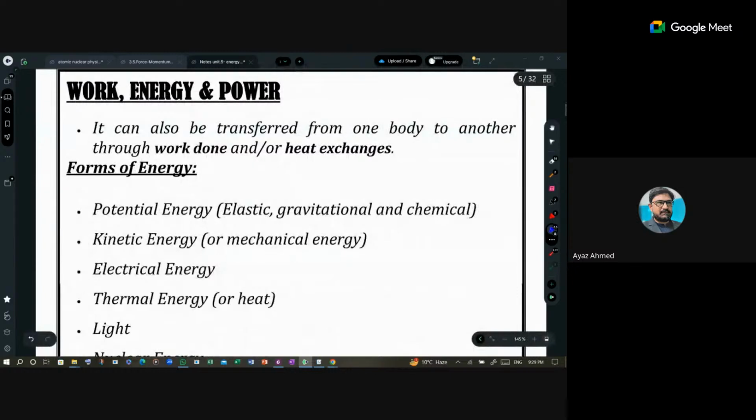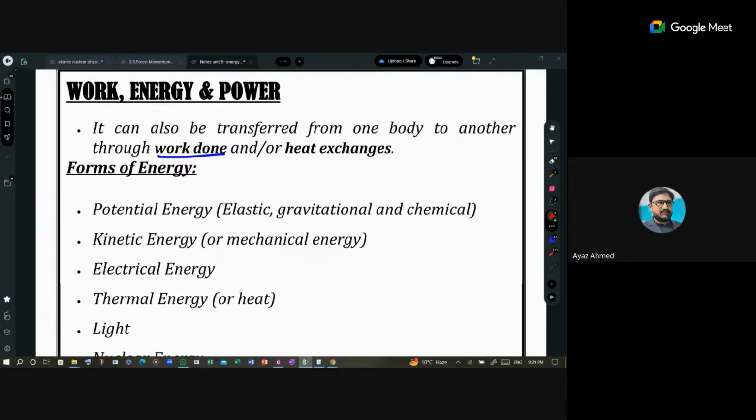Now, energy can also be transferred from one body to another through work done. For example, when we rub our hands, you know what happens? Yes, kinetic energy is transferred. And when you are sitting in front of a heater, what happens? Heat energy is transferred. You heat up.